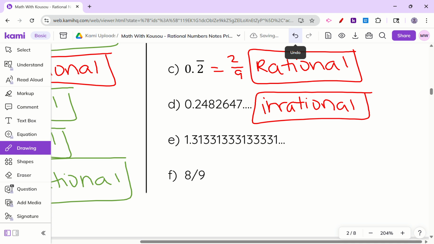All right, and then E, we have 1.3133133331... This is irrational because there is no repeating bar over it. So even though it looks like there is a pattern here with the 3s and the 1s, doesn't mean we know for sure what will come after that 1. Therefore, this is irrational.